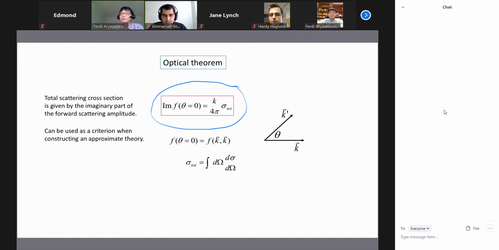So if you have a theory, you can calculate your scattering amplitude, for example the first order Born approximation. Then you can check whether that is equal to the total scattering cross section. Actually, the first order Born approximation does not fulfill this condition, but it's still a useful approximation. It's widely used in practice.